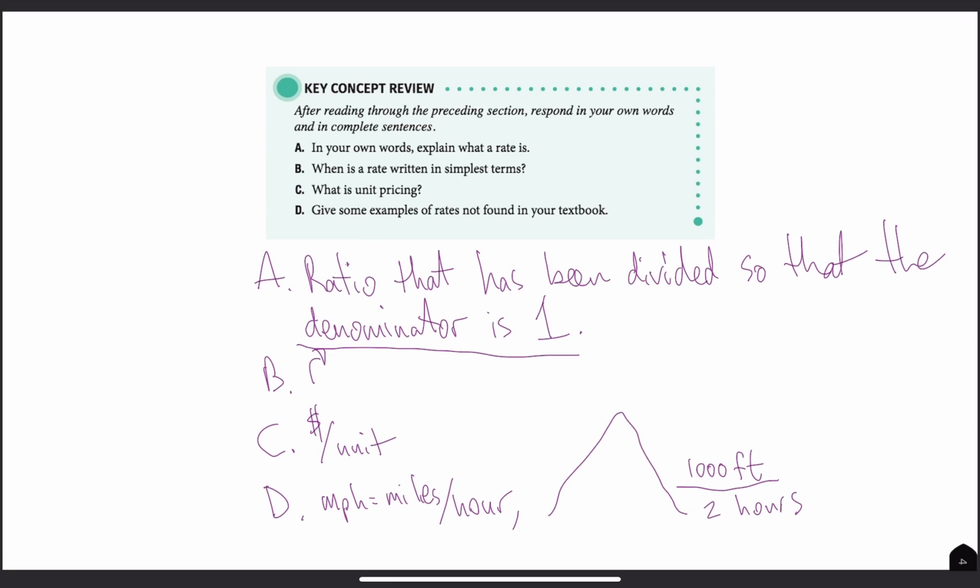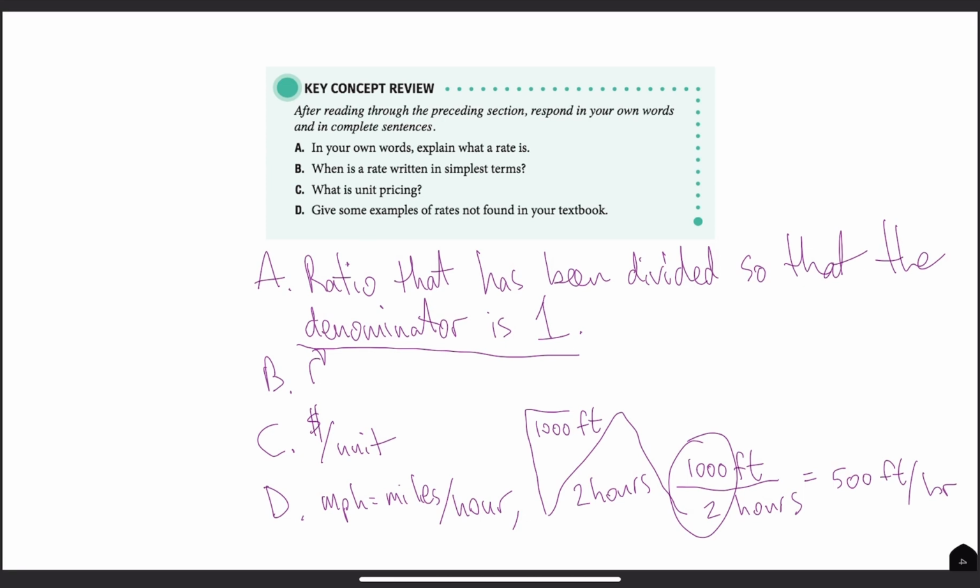Seems reasonable. So you go up the whole 1,000 feet in 2 hours. So what was your rate? We need to do the division. 1,000 divided by 2 is 500. So that's 500 feet per hour was my average. So there's an example of a rate.